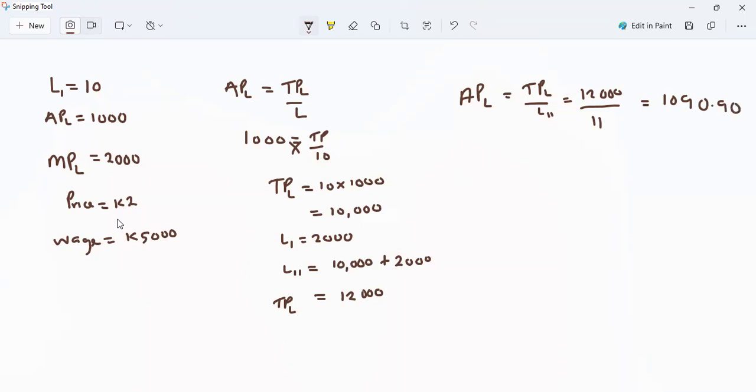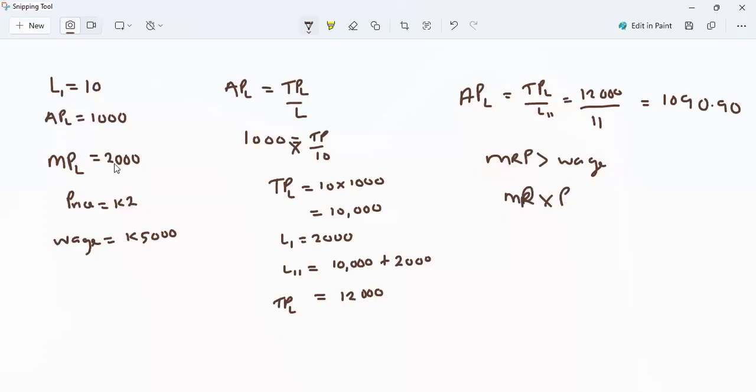But is it worth employing this new laborer? We only employ when the marginal revenue product is greater than the wage. And what is our marginal revenue product? It is the marginal product times the price.